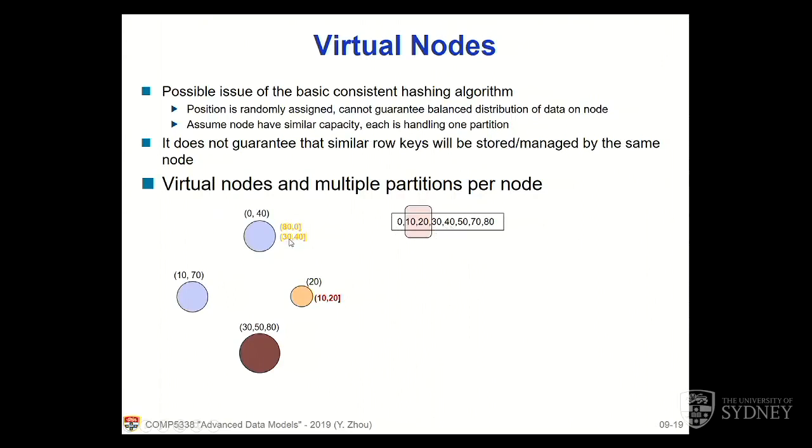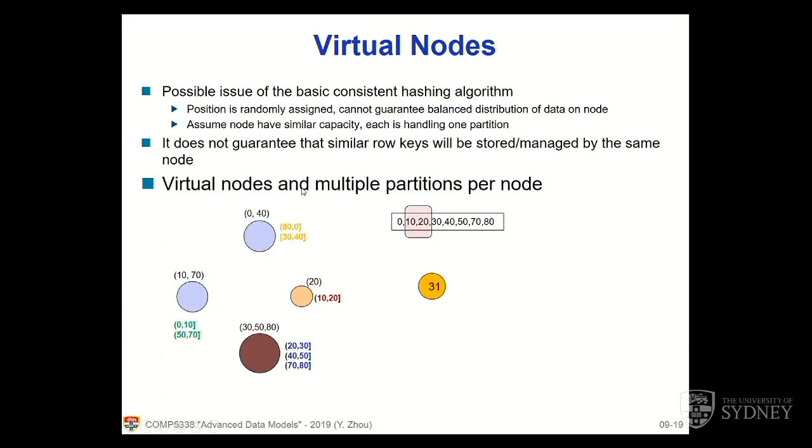It's 30 to 40. So that's 30 to 40, and 80 to 0 is this node. And this adds 30, 50, 80. So basically, by checking this list, 30 is responsible for 20 to 30, 50 is responsible for 40 to 50, and 80 is this. We have that for this.